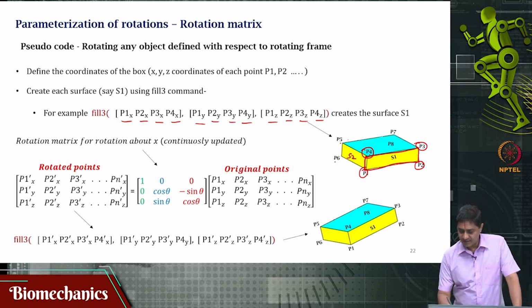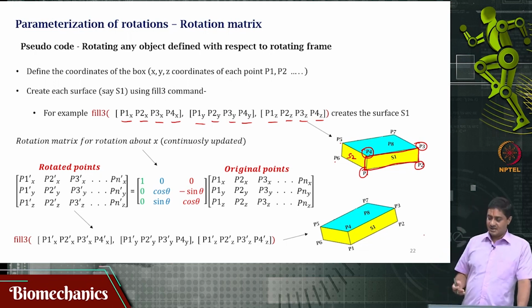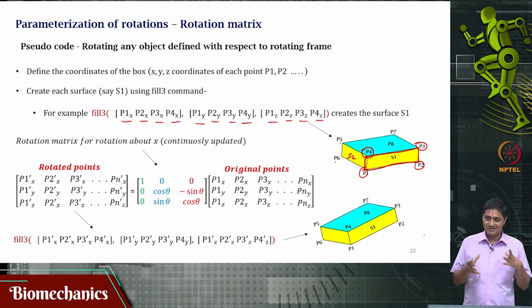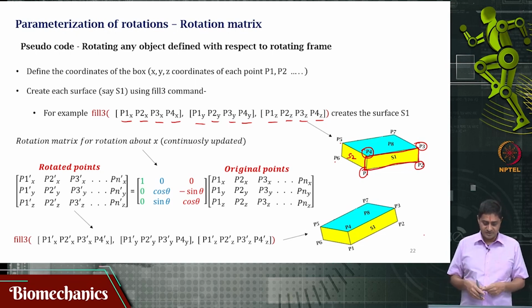Likewise, if I want to create the surface that is made by joining P4, P5, P3 and P7, I do the same. Likewise, I create the surfaces that are not visible on the other side, 3 more surfaces. And so I have all these 6 surfaces put together forming this body, this rigid body that I am interested in.